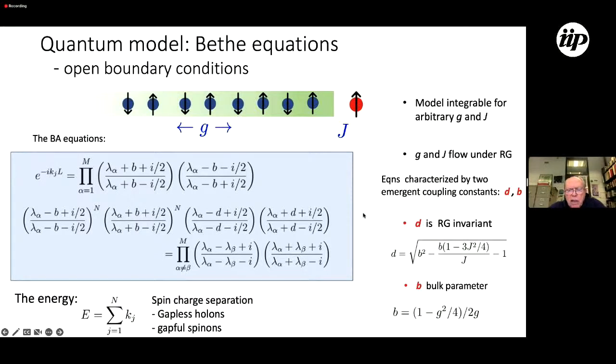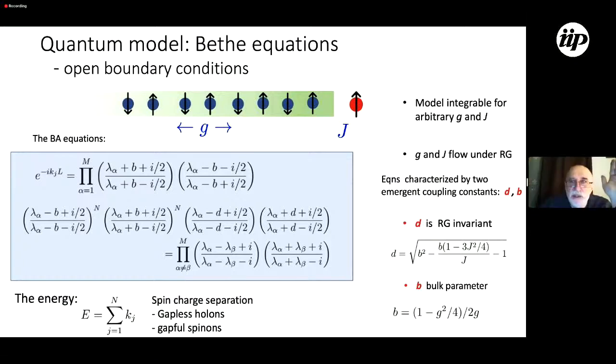And again, the parameters that appear here are B, the bulk parameter, which is essentially 1/2J, and D, the RG parameter, which is this combination, which we are going to see is unchanged under the renormalization procedure as we take the cutoff to infinity.